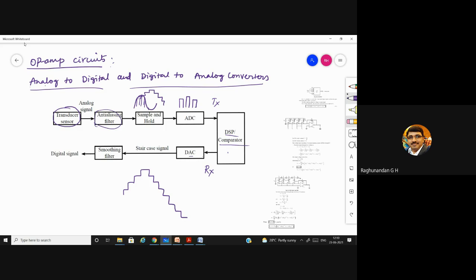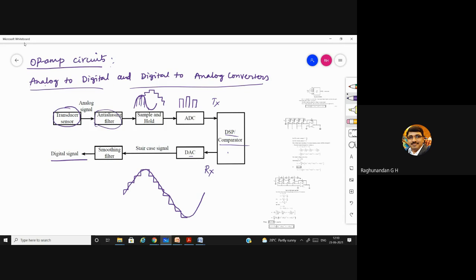After that, we pass it through a low pass filter. That low pass filter is also known as a smoothing filter, which smoothens this surface and gives a linearly varying signal, a sinusoidal signal, and that is the digitally processed signal.